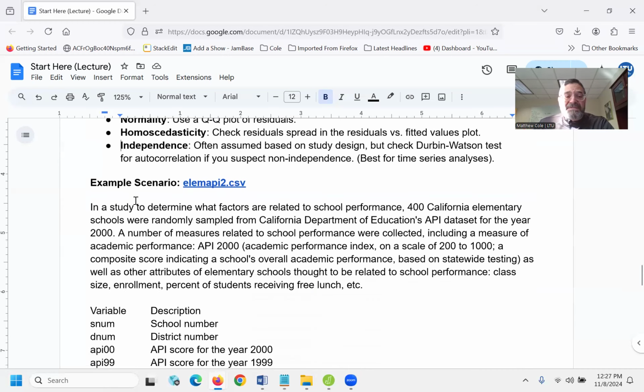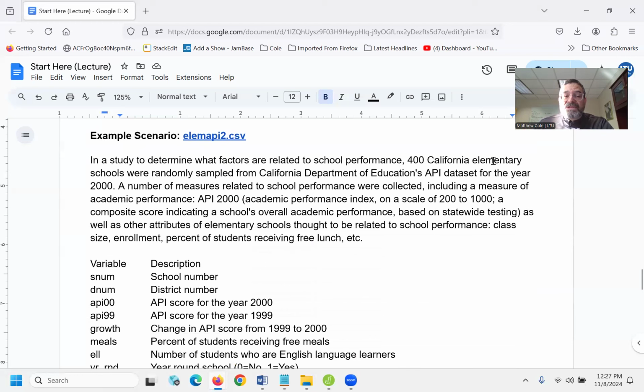So we're going to use the same data that we used in the last lecture, the LMAPI2 data, which is the data on the elementary school academic performance index from the year 2000.